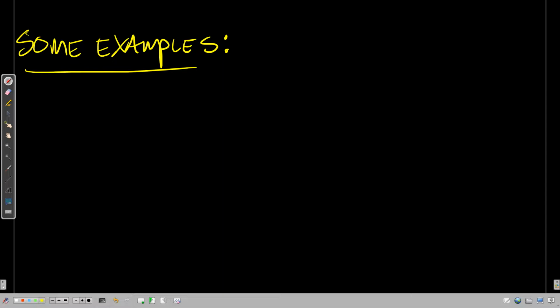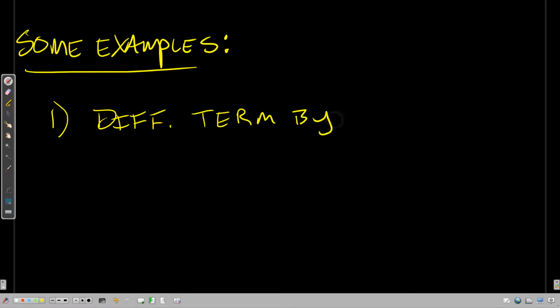Okay, so let's start off, I guess, kind of easy. Let's make sure that we understand that you can differentiate term by term. You can differentiate term by term.